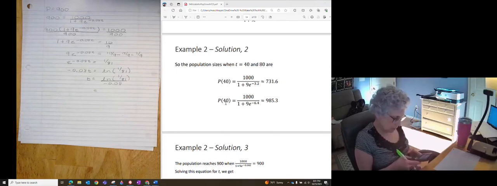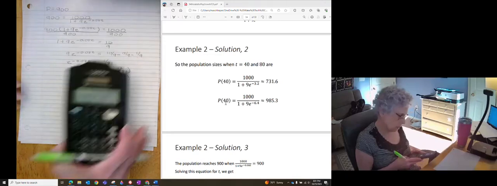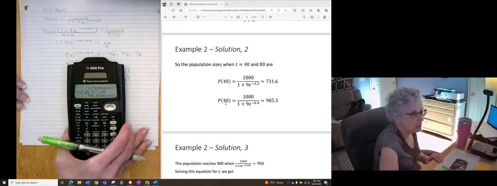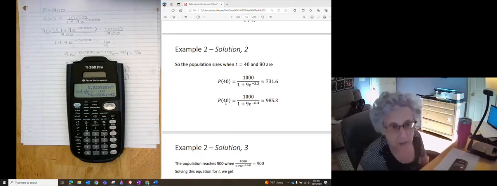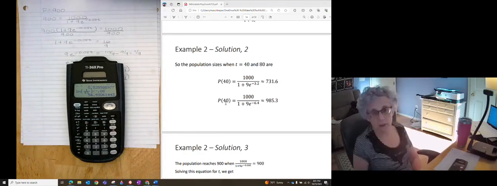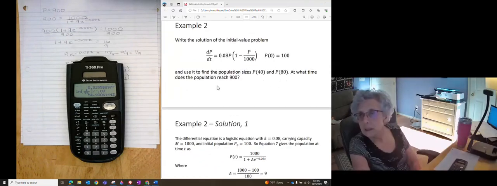Close the parentheses and then divide by negative 0.08. And I get about 54.93.